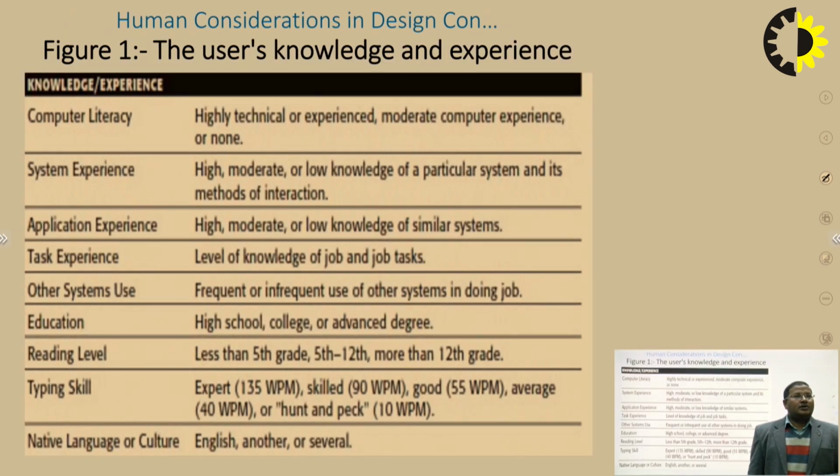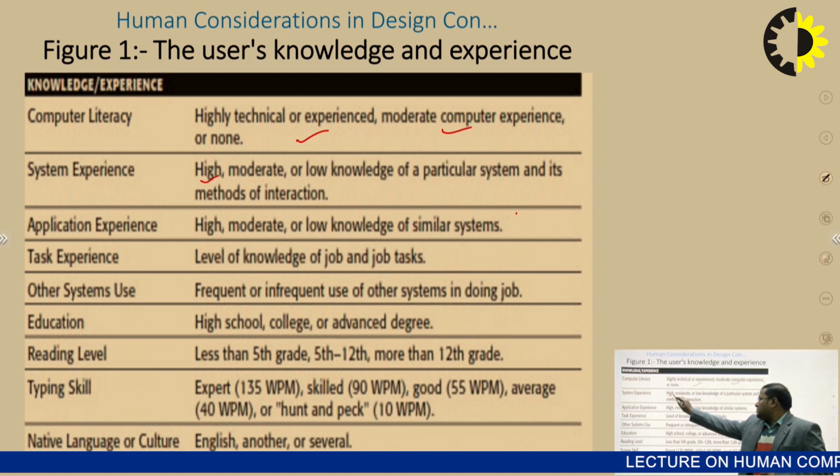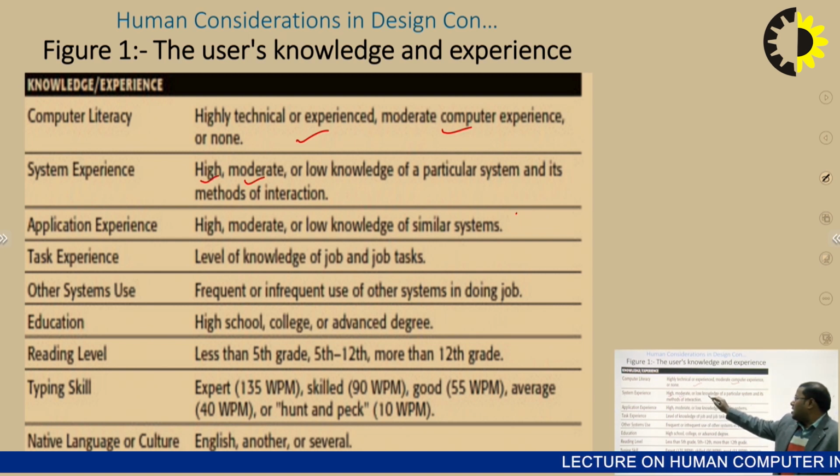The user's knowledge and experience. Computer literacy, system experience, application experience, task experience, other system use, education, reading level, typing skill, native language, or culture. Computer literacy: highly technical or experienced, moderate computer experience, or none. System experience: having high system experience, moderate means average, or low knowledge of the particular system.